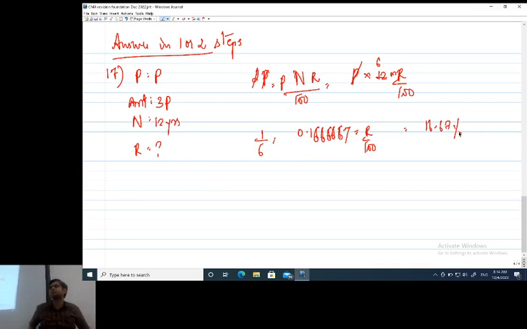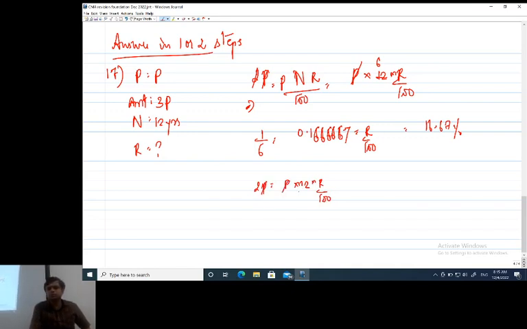Anyone stuck anywhere? Yep, 1 by 6. I am redoing from here. Okay? 2P equals P into 12 into R by 100.